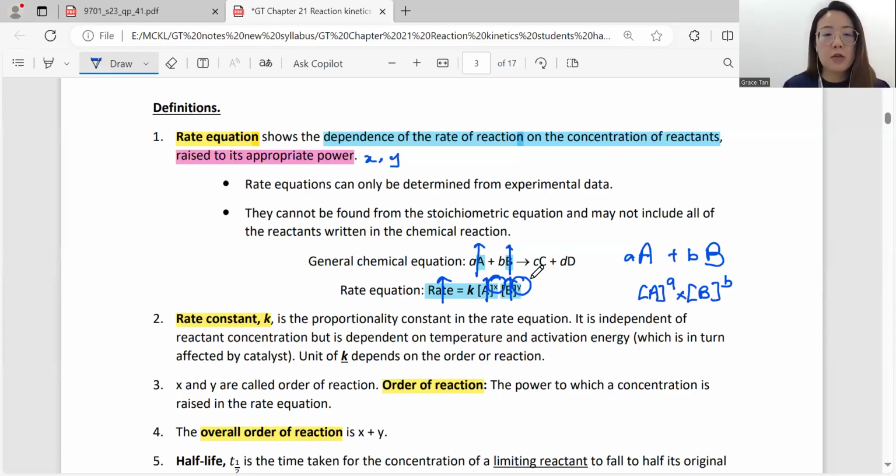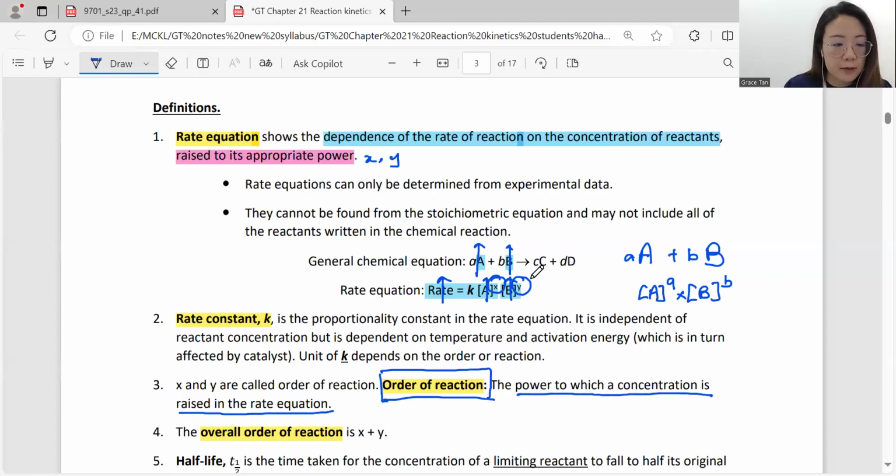Let me introduce to you what this appropriate power term is called. This appropriate power term is called your order of reaction. The power is called the order of reaction. Let's go to what is the order of reaction. Definition, very popular in your past questions. It is the power to which a concentration is raised in the rate equation.